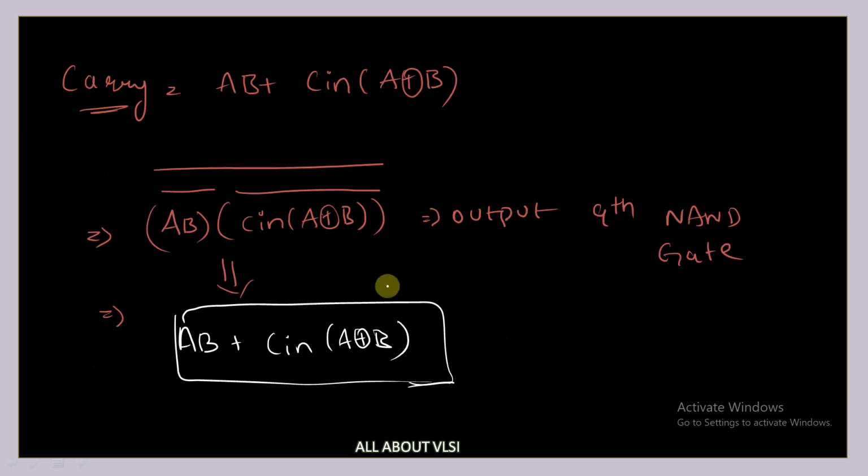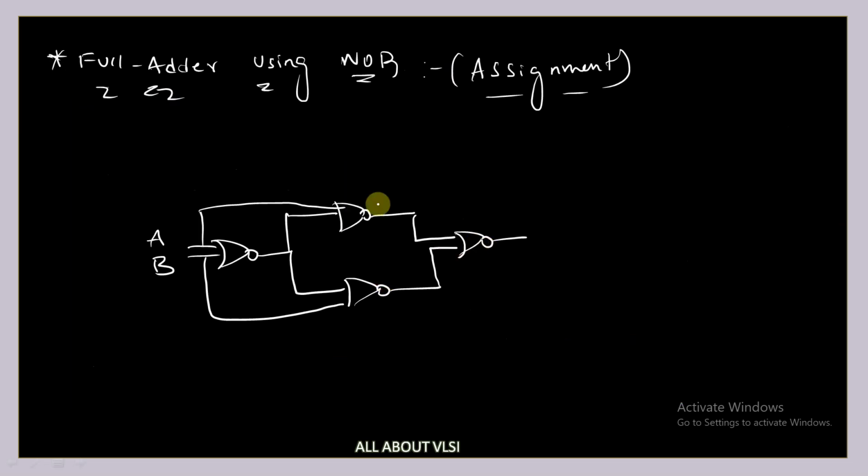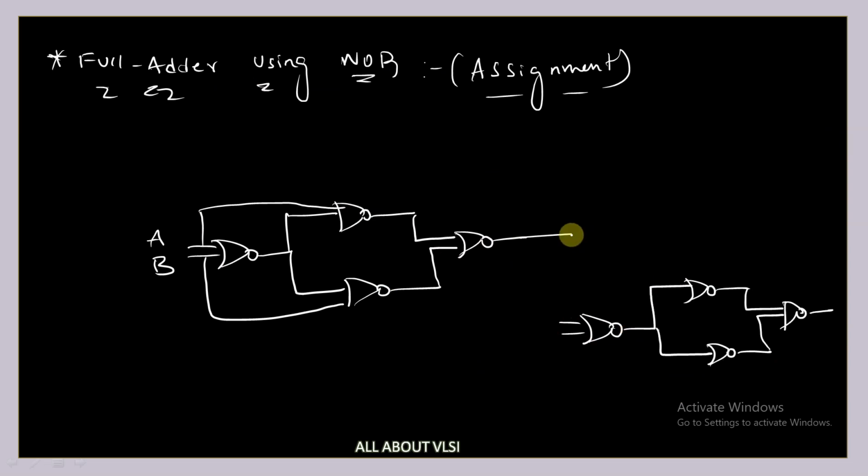So this is NOR, and from here I am going to take one more NOR gate. This I am going to give here, and Cin I am going to give here.